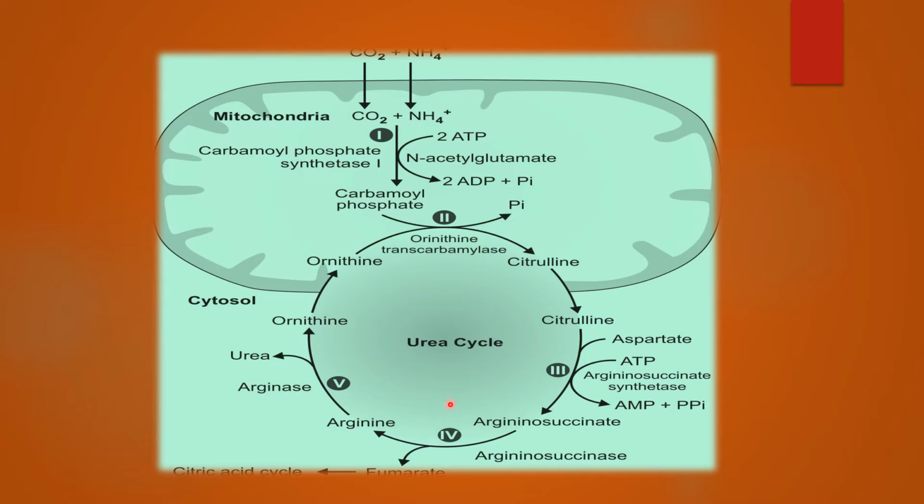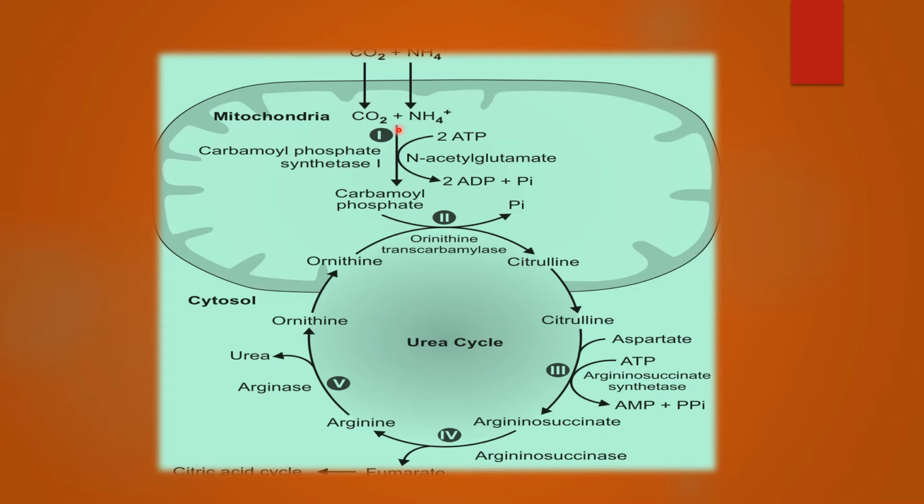One is arginine and the other is fumarate. Fumarate is utilized for the citric acid cycle. Then arginine is converted into ornithine in step 5 with the release of urea.